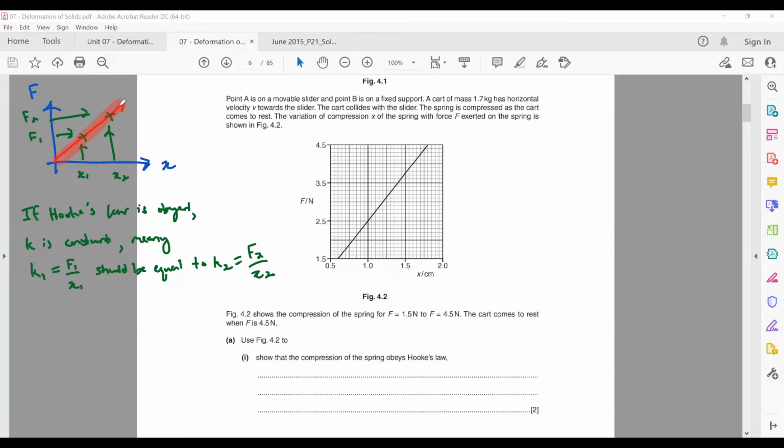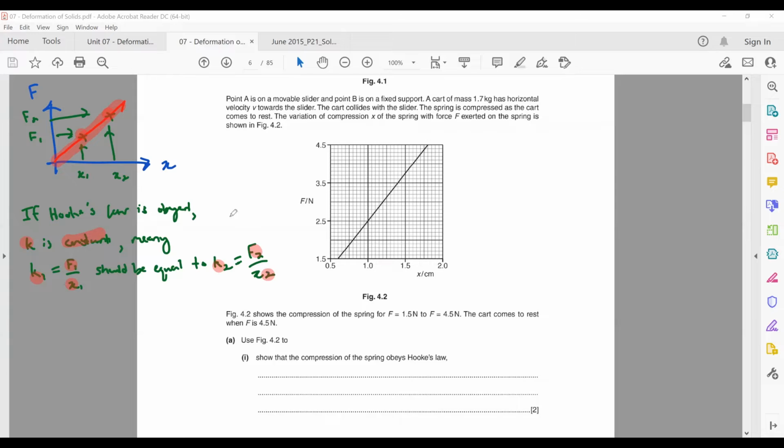Okay, so if you have a graph for force versus extension, it obeys Hooke's law. Yes, you understand that it must pass through origin. One thing here that you could also say is that because you see it's a straight line, k will be constant. Okay, k is constant, meaning k1 equals F1 over x1 should equal k2, F2 over x2.